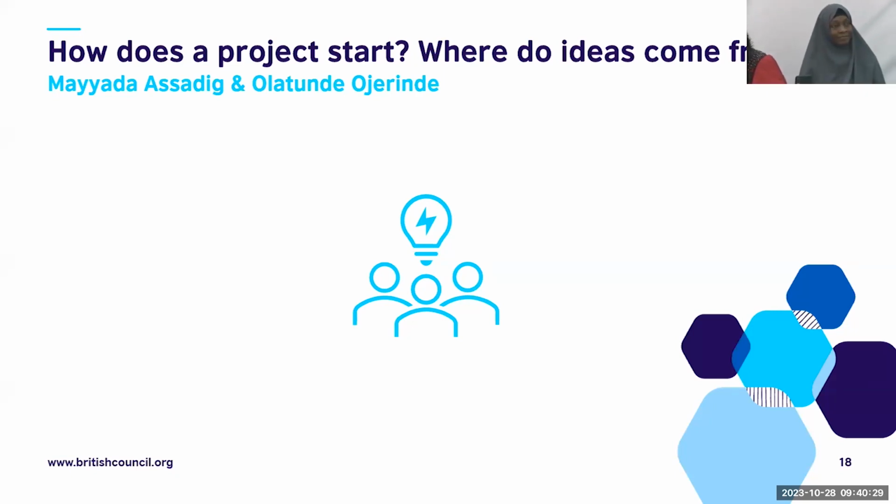Okay. Now we've talked about research, the idea of exploratory practice and action research. Now we look at all that we've been saying and we ask ourselves, how do we actually start? Where do we start from? So how does a project or a research start, and how and where do ideas come from?